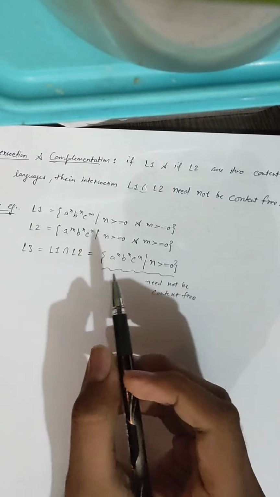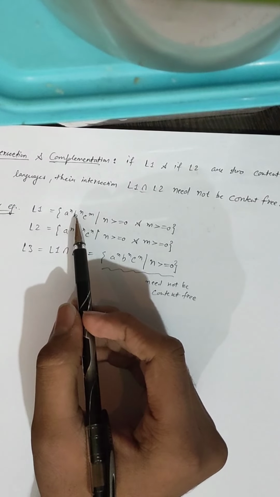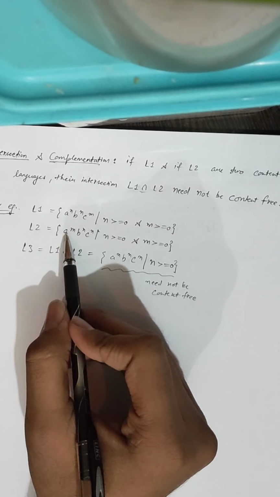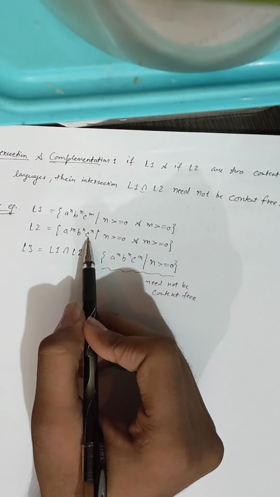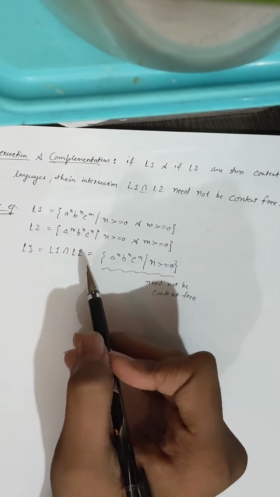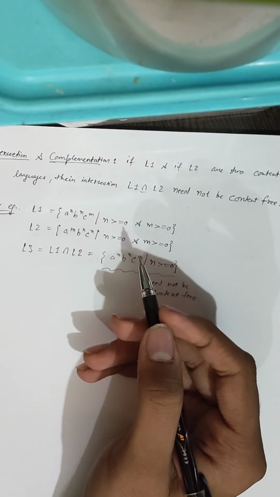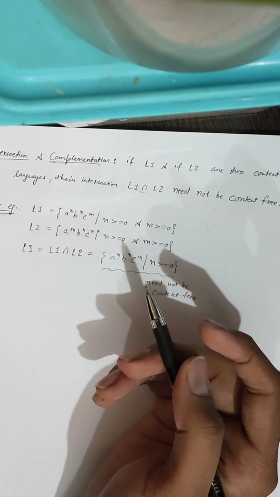Because here L1 says the number of A's should be equal to the number of B's. And L2 says the number of B's should be equal to the number of C's. So their intersection says both conditions need to be true, but a pushdown automaton can compare only two.